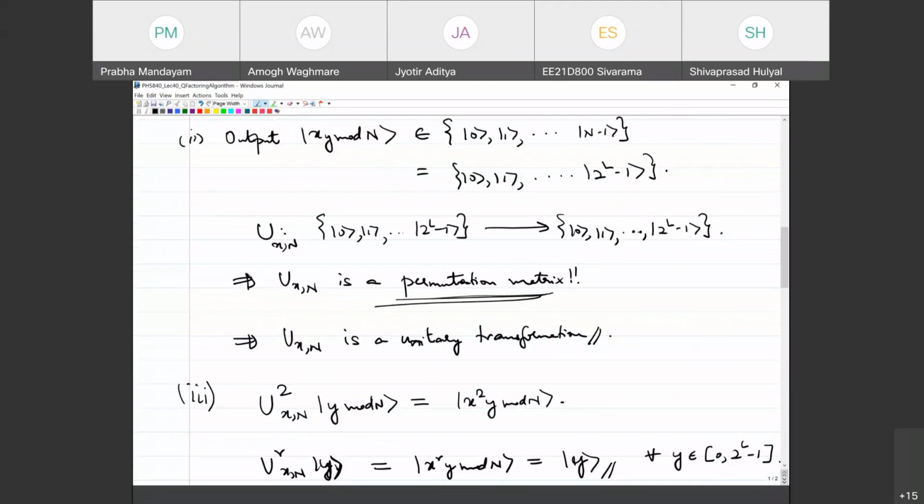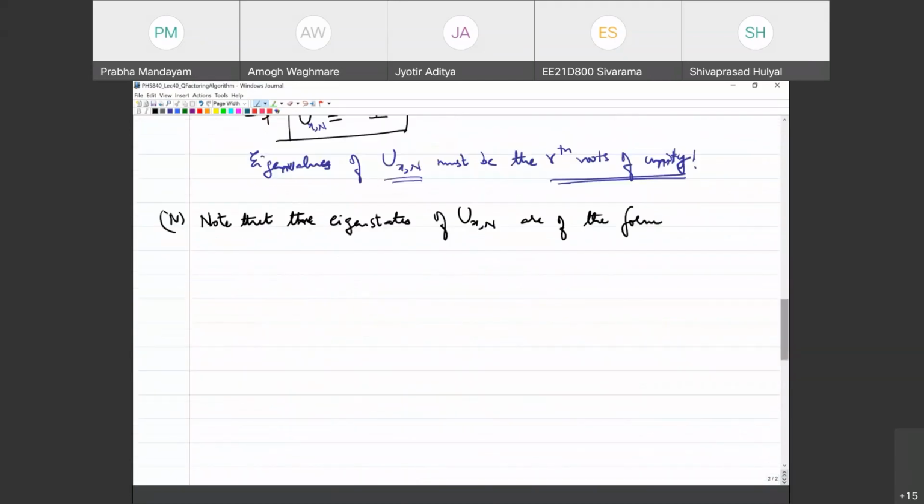So one can show in fact that the eigenstates are of this form. So I will just write down the eigenstate. So s is the label, right? So the eigenstates, I'm labeling them as U1, U2, etc. There should be 2 to the L of them, right? This is an L qubit unitary. Sorry, actually there should be. Yeah, so we'll see how many of them there should be.